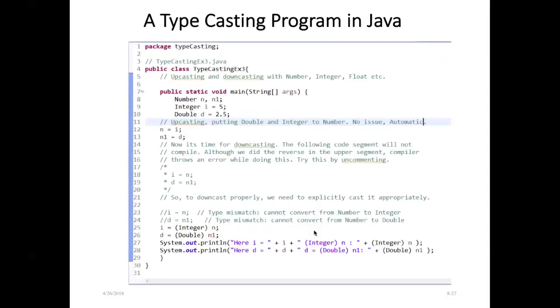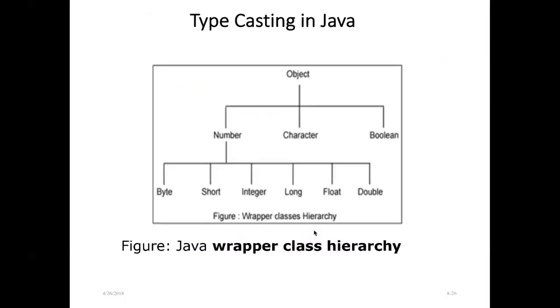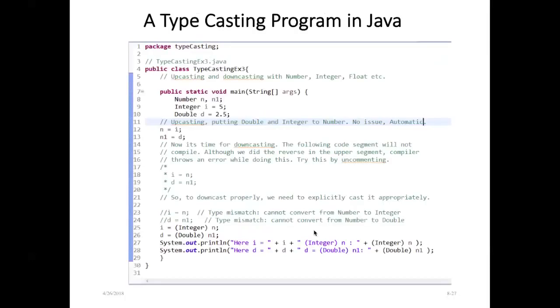Now if I want to do the reverse order, if I want to say i equal to n1 or d equal to n2, then the problem will be here. It will not allow me to assign downward, from Number to here.